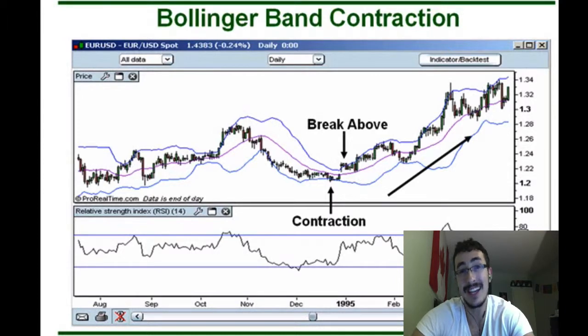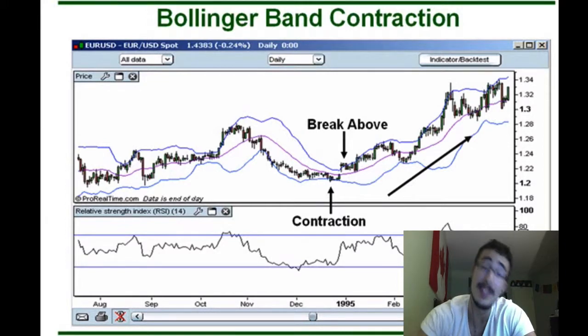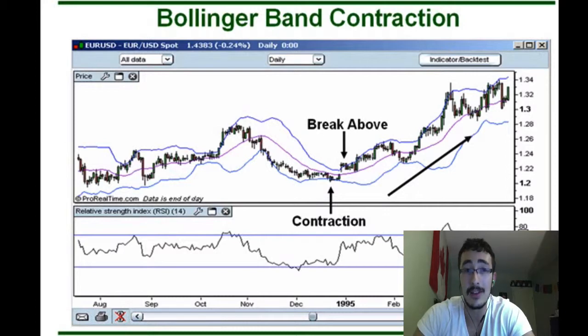You want to be careful when you trade this strategy, because a lot of traders say that the first break above or below the Bollinger Band line tends to be a fake out or false signal, and actually reverses and goes in the opposite direction. So a lot of traders will trade the second break to avoid getting faked out and pulled into a trade in the wrong direction.